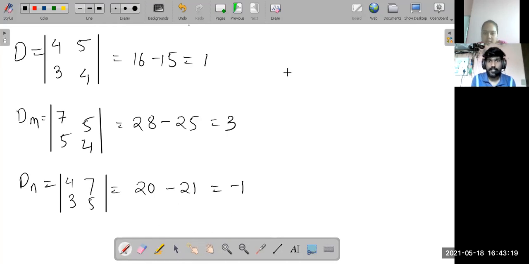So in this case, M will be equal to dm upon d. dm is 3 and d is 1. So 3 upon 1 is 3.